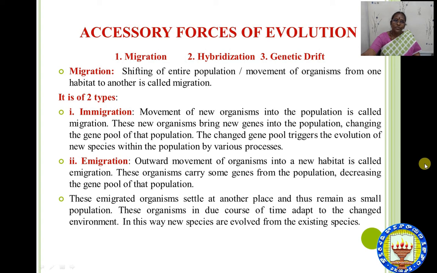So this helps in changing the gene pool of the population, and the change in gene pool triggers the evolution of new species within the population by various processes. Similarly, emigration, when some of the organisms move outward from a habitat, so the gene pool loses some of the genes. In both these cases, the forces of evolution will act.